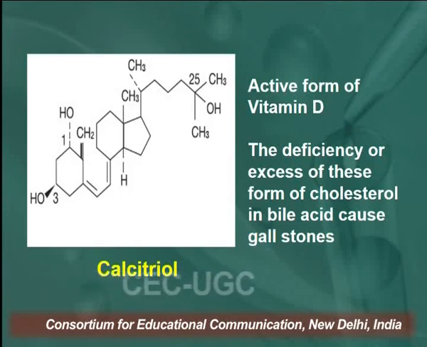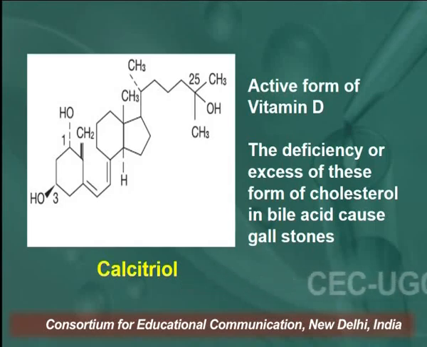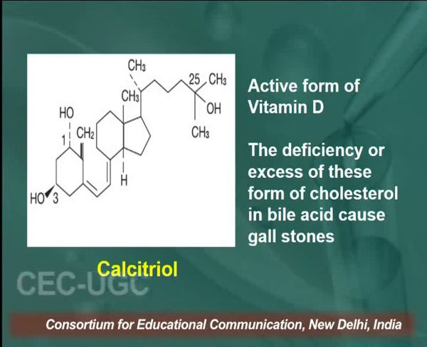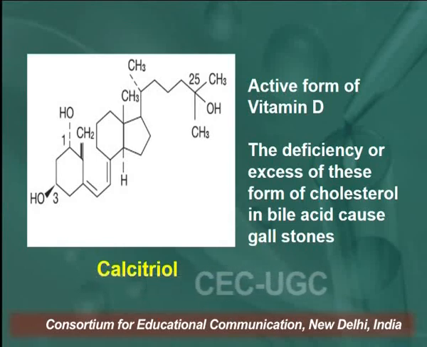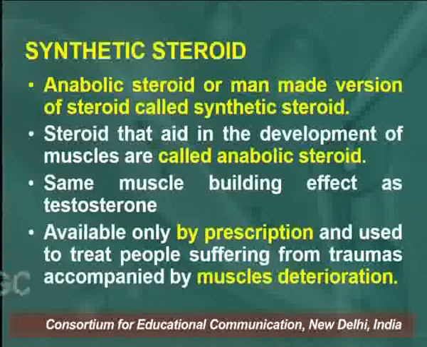Whether that cholesterol or calcidiol is in excess or in deficient amount in the kidney or in bile salt, we get a stone. So this is the reason why stones can take place in our kidney.